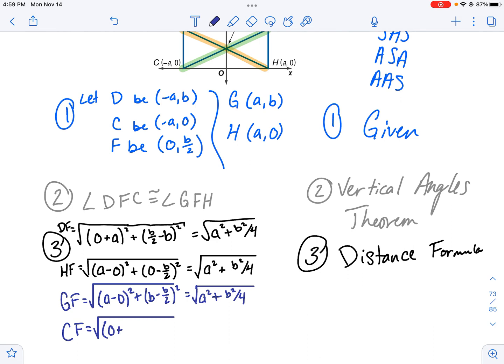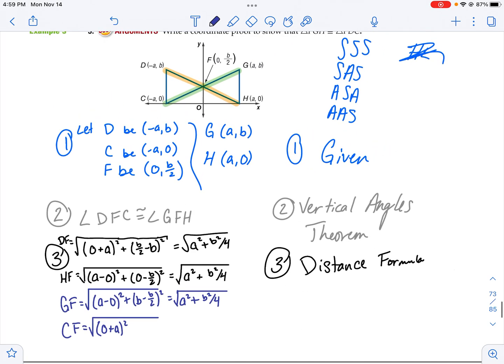I'm going to go with 0 plus A, and then B over 2 minus 0. And that would get me the square root of A squared plus B squared over 4.